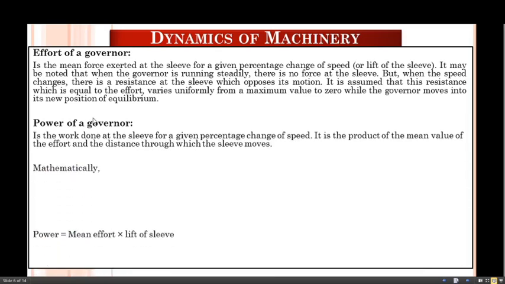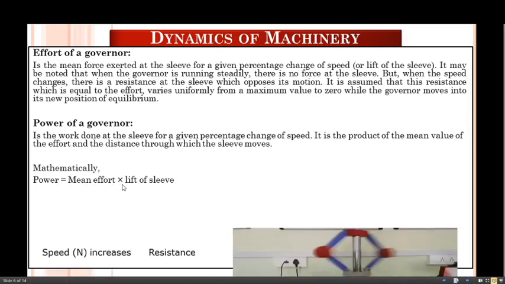So the power of a governor is the work done at the sleeve for 1% change of speed. It is the product of the mean value of the effort and the distance through which the sleeve moves. Mathematically, power is nothing but the mean effort multiplied by the lift of the sleeve.